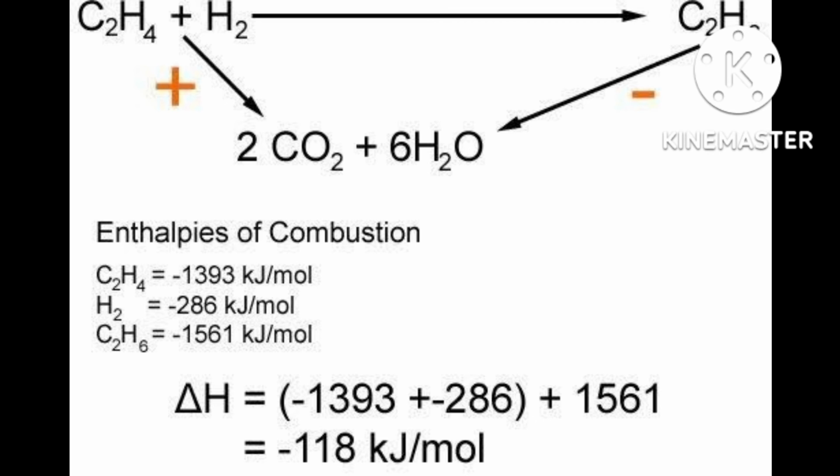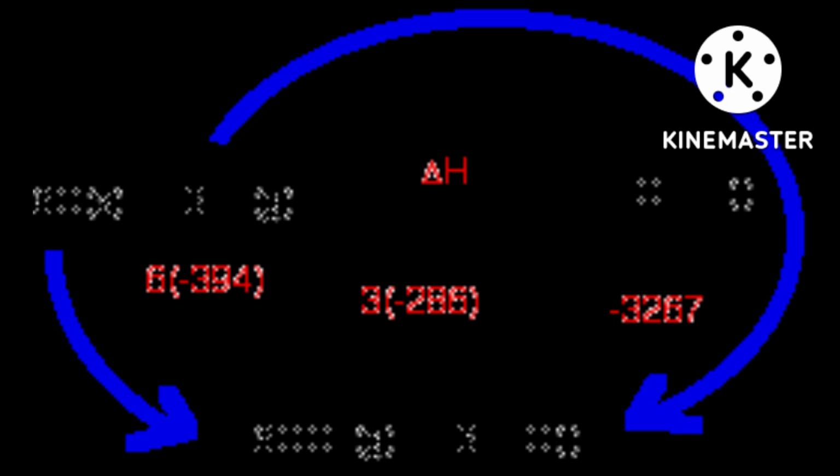To calculate this, one formula is there, which I already discussed in the last class. Delta H is equal to the summation sign, sigma, of the heat of formation of products minus again the summation sign, sigma, of the heat of formation of reactants.